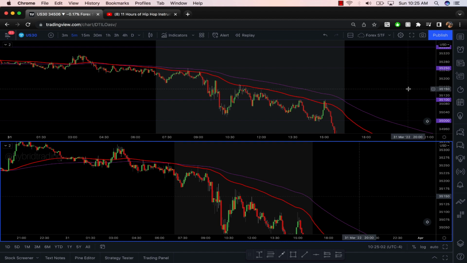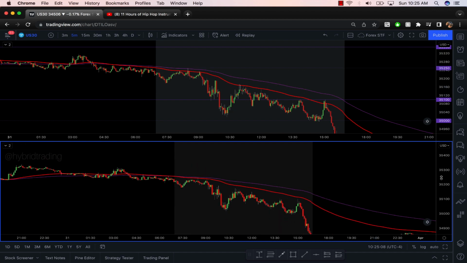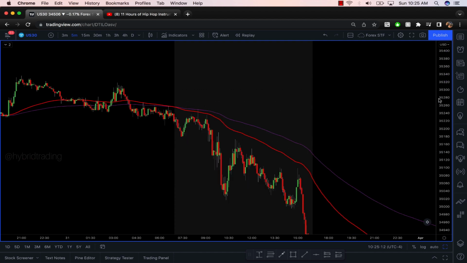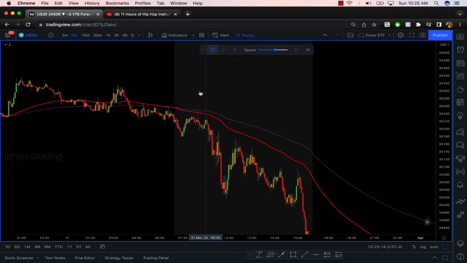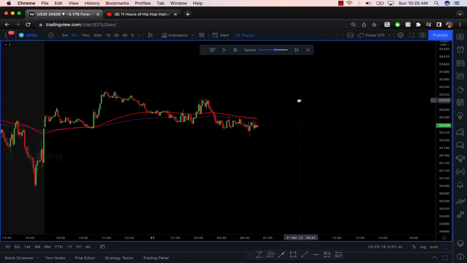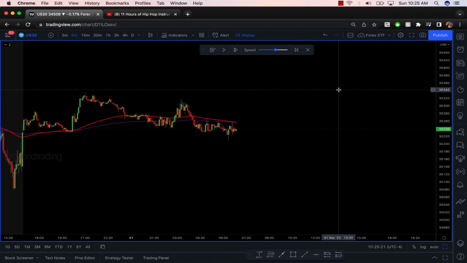And I just want to show really quick, aside from all of this, how I do my backtesting. So I like to maximize my chart. Let me go to replay, click at the beginning of 7 o'clock. And then let's see right here, wait for everything to load correctly. All right, so you just hit shift and the forward arrow on your keyboard.